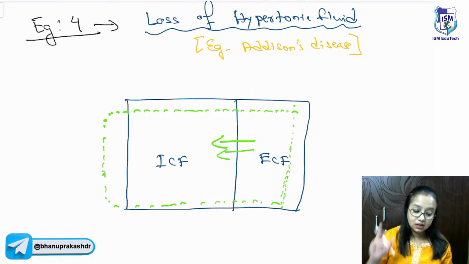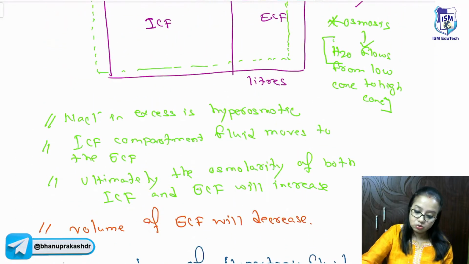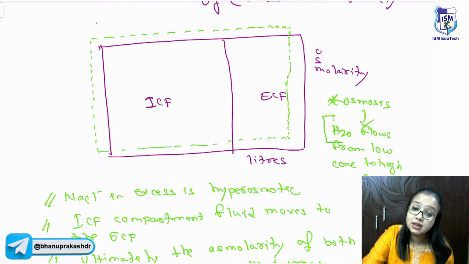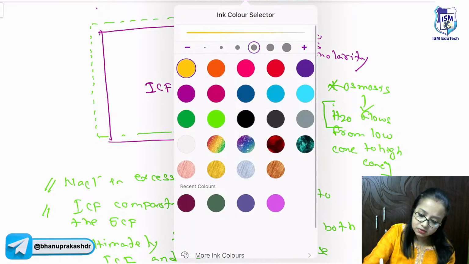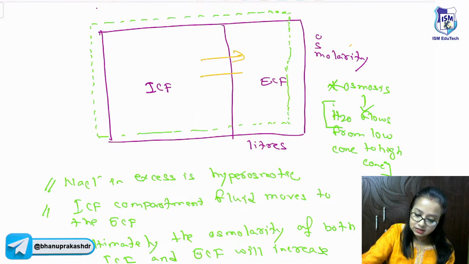Now, in context to this, one thing I would like to mention: whenever we are gaining hypertonic fluid, initially the volume will decrease and the osmolarity will increase. After the shifting of the fluid, as we have studied here, eventually there will be gain in the volume of the ECF.